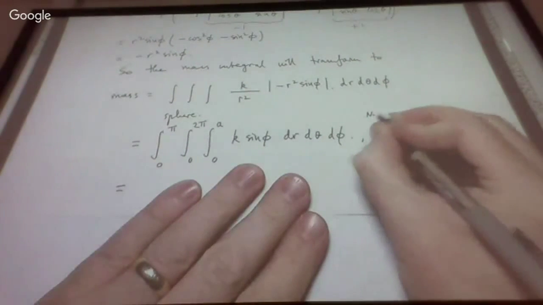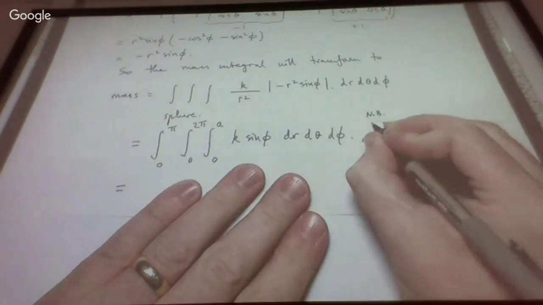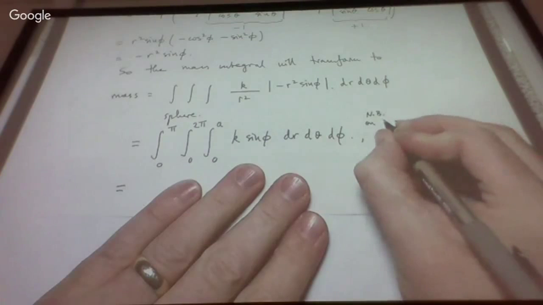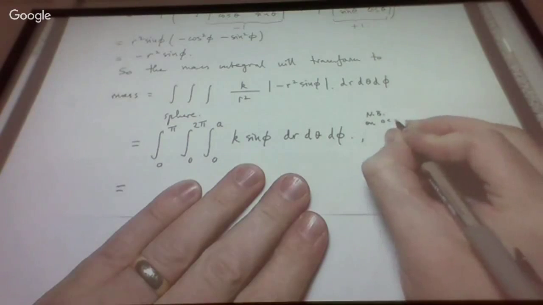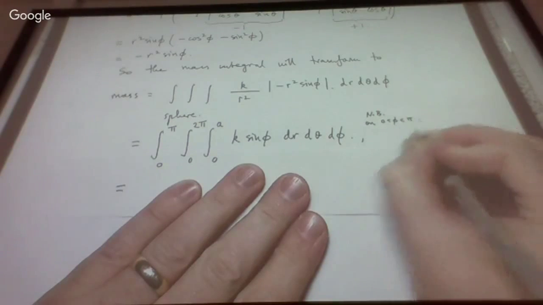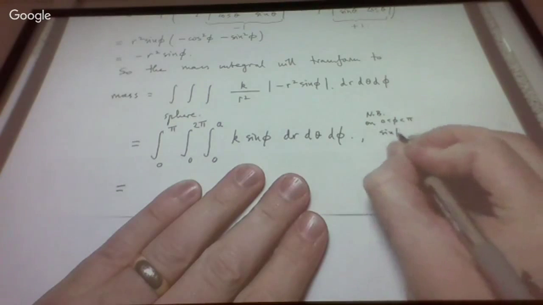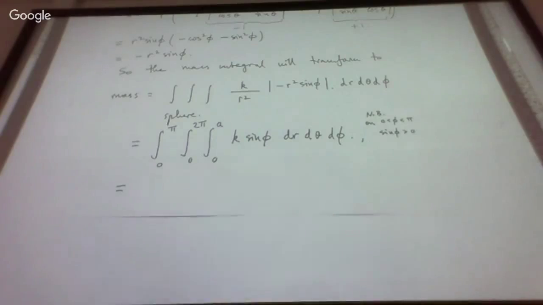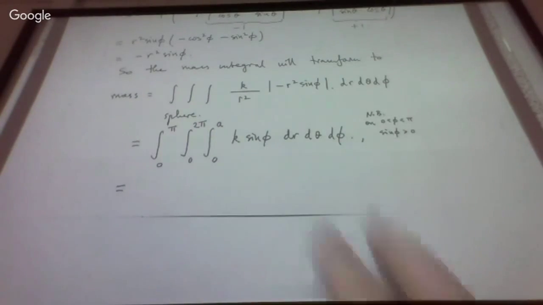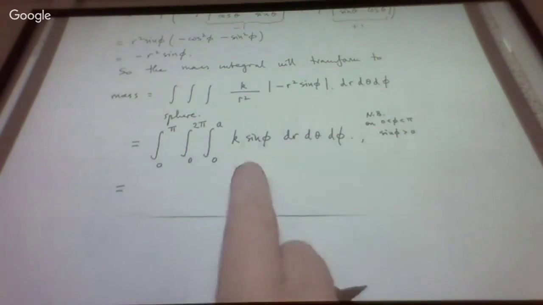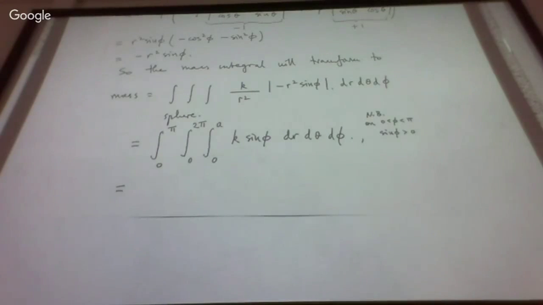Maybe a small little note: on the interval between 0 and pi for phi, sine of phi is always greater than 0. So that explains why my minus sine phi has just turned into sine phi.